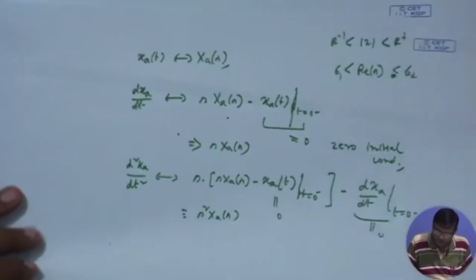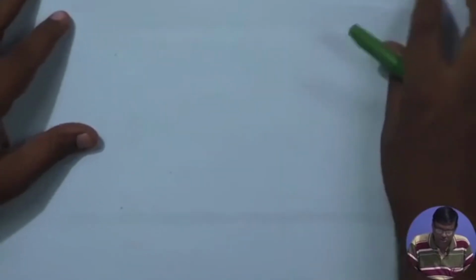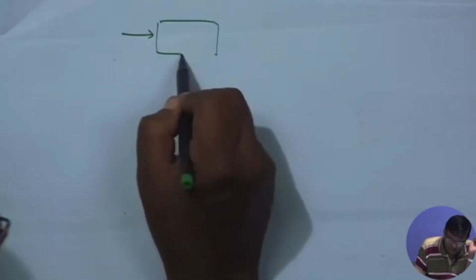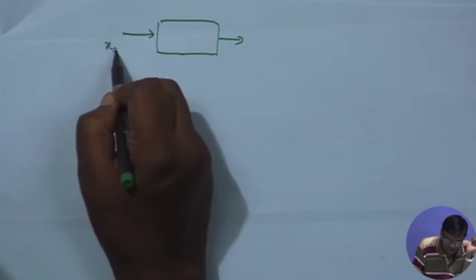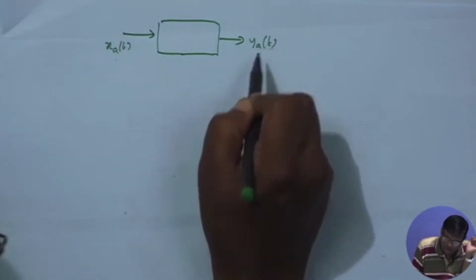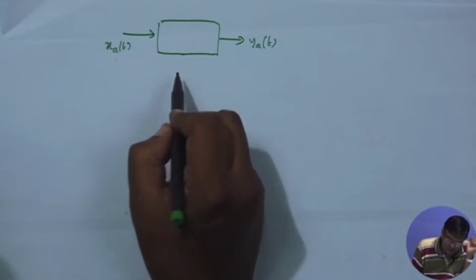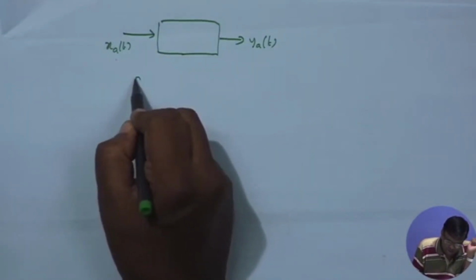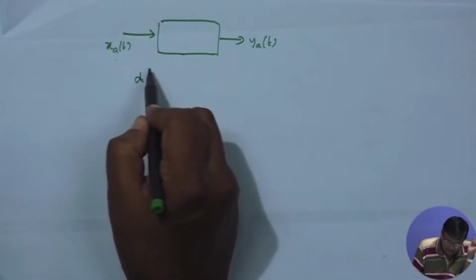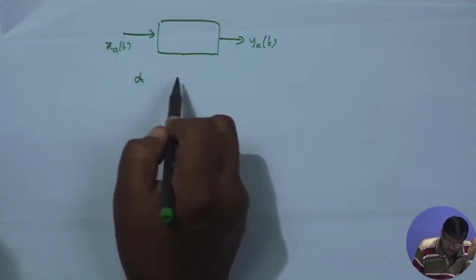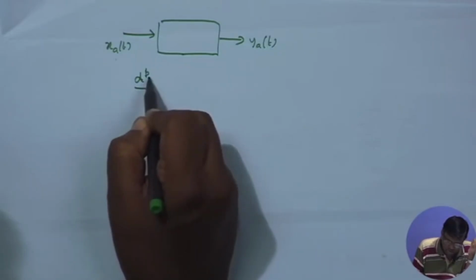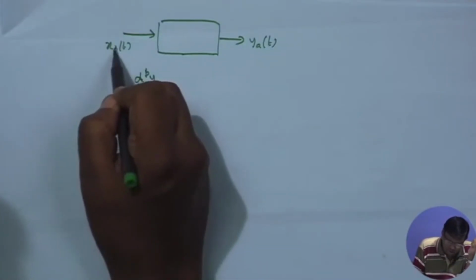Okay. Now, consider a differential equation, an analog system which takes x_a(t) and gives an output y_a(t), a particular system which is governed by a differential equation. In the case of sequences, we had a difference equation; here it is a differential equation, but the treatment is the same. For the time being, I am dropping the subscript a.